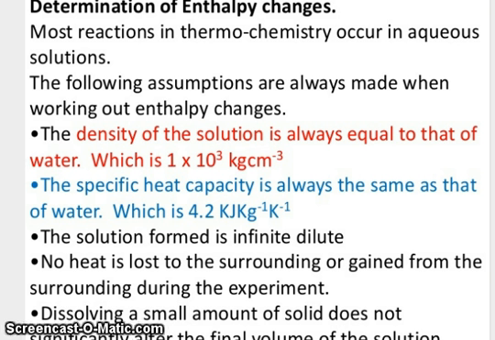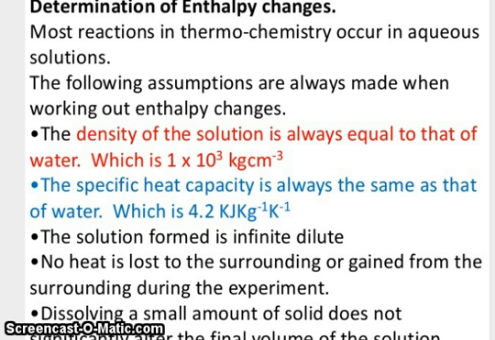Determination of enthalpy changes. Most reactions in thermochemistry occur in aqueous solution. The following assumptions are always made when working out enthalpy changes. The density of solution is always equal to that of water, which is 1 times 10 to the power 3 kg per cubic centimeter. The specific heat capacity is always the same as that of water, which is 4.2 kJ per kg per Kelvin.